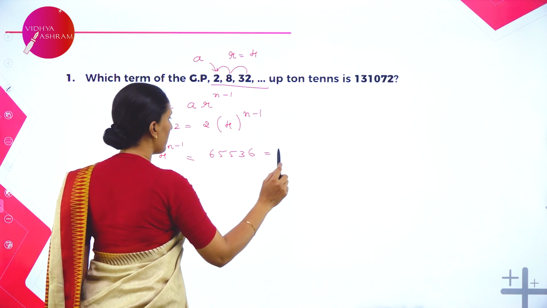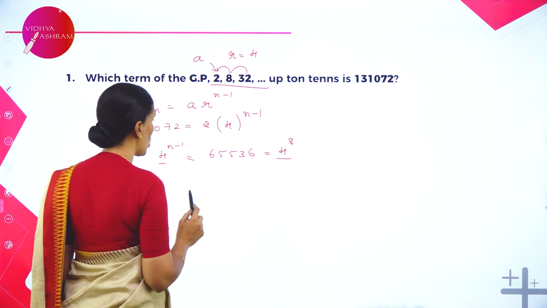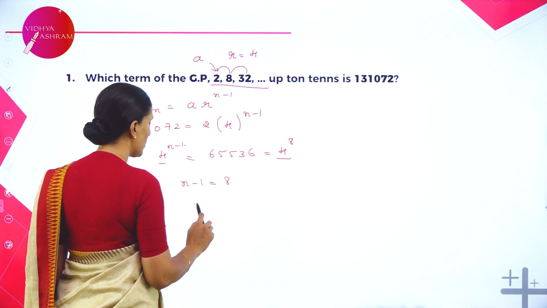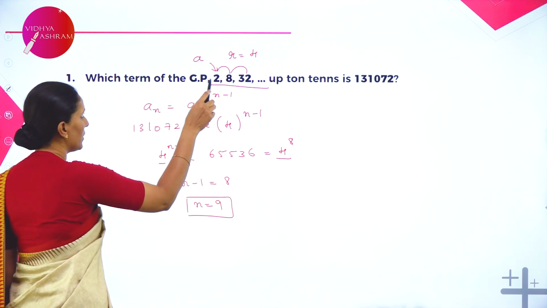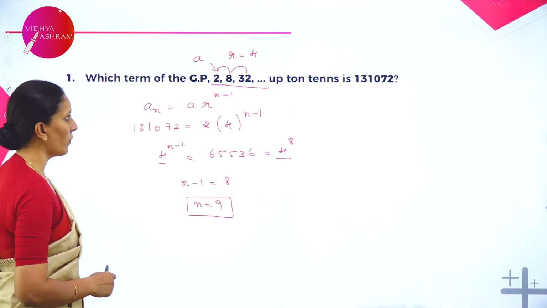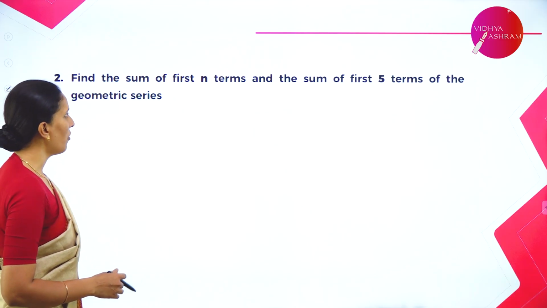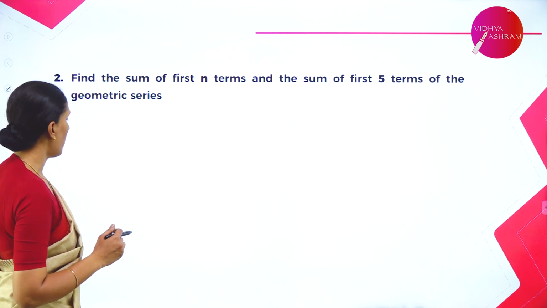So here this can be written as 4 to the power 8. Now since here the base is common, we can equate the index. n minus 1 is equal to 8. So we get n is equal to 9. So therefore the ninth term of the series is 131072.